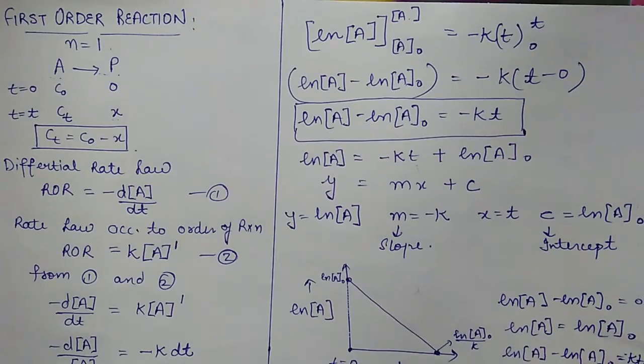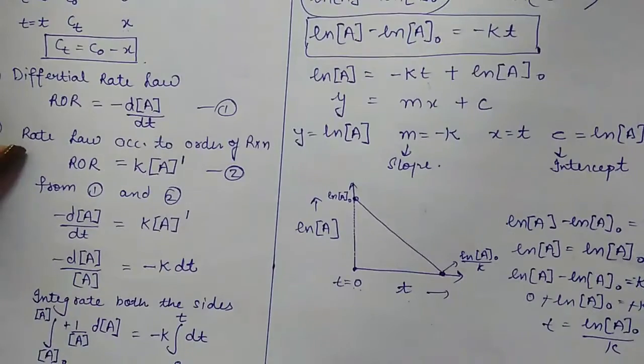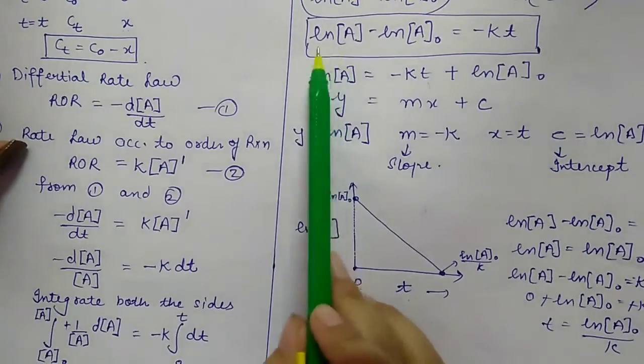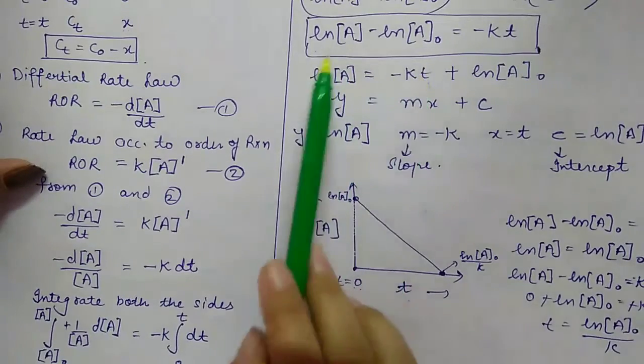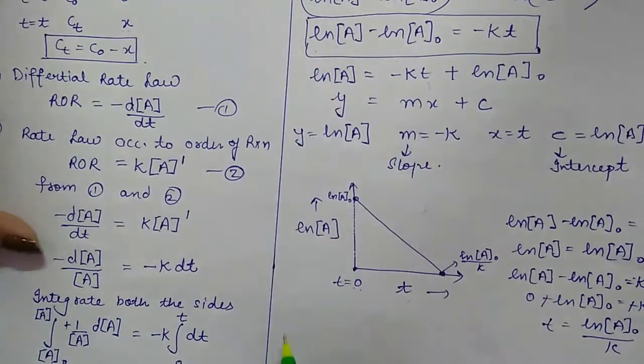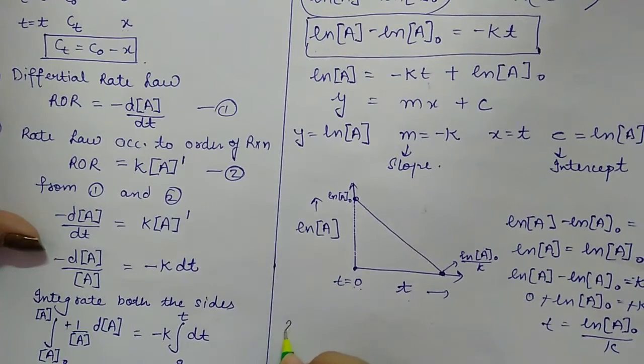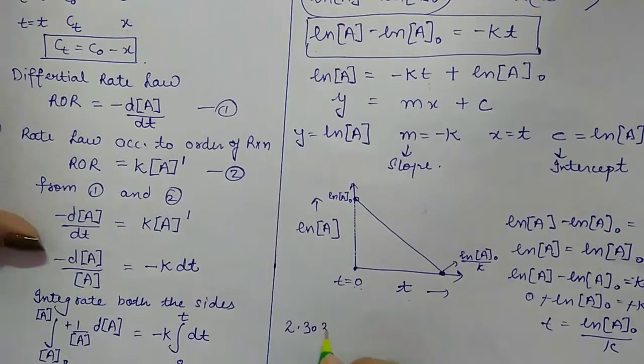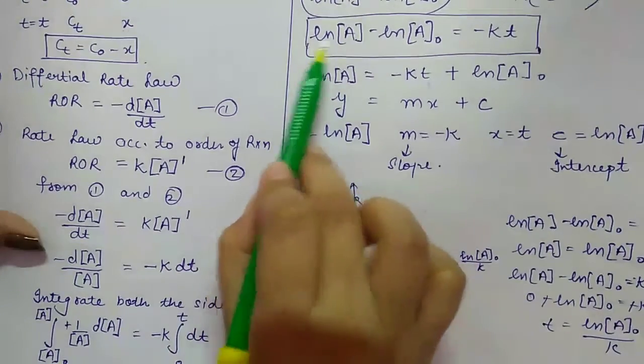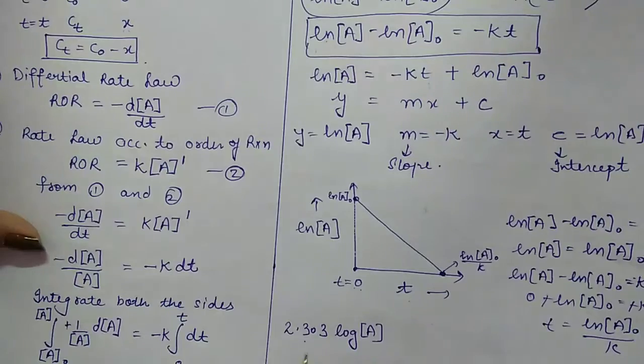Okay. Now to convert this natural log into log, we have to multiply with 2.303. Okay. So 2.303 log A. So to convert natural log into log, we have multiplied it with 2.303.